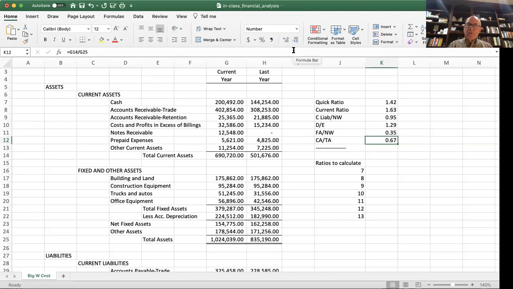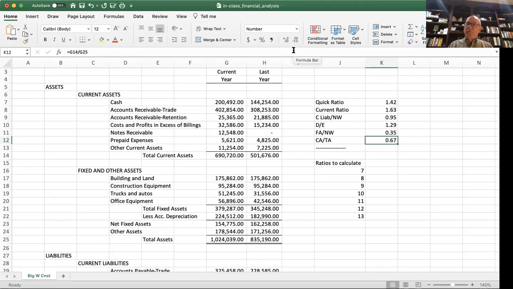And so our current assets are more fluid, and what's left over in the total assets are the fixed assets and the less fluid assets, more difficult to turn into cash, if you will.